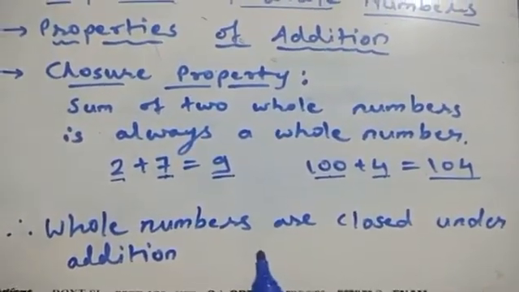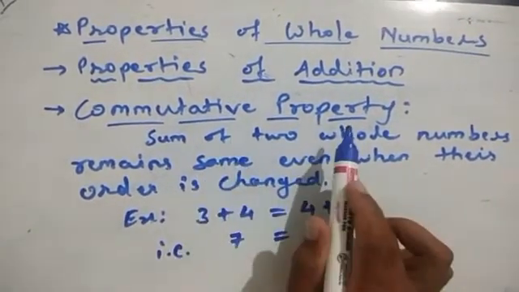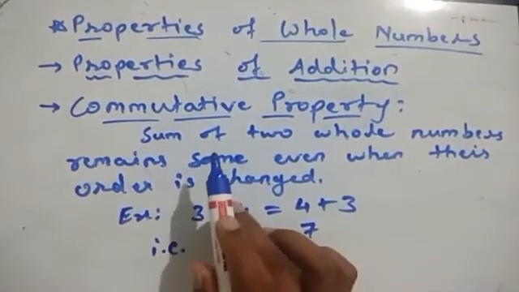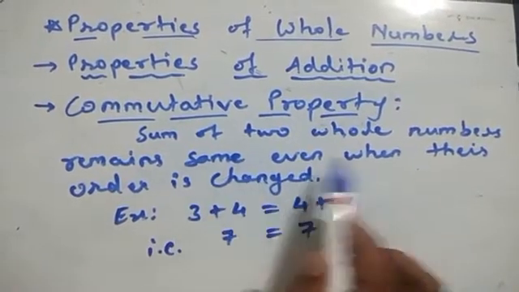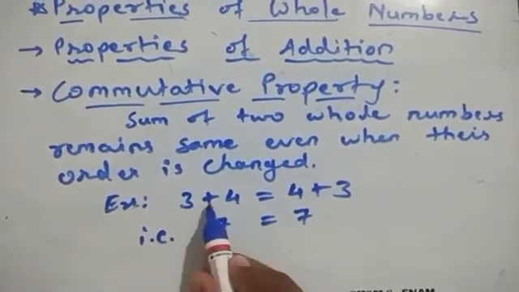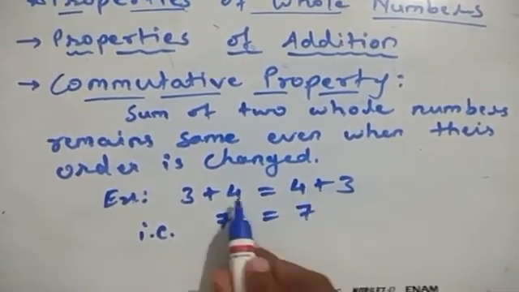Okay. So, students, next we are going to discuss the commutative property of addition. Now, what does this property say? The sum of two whole numbers remains the same even when their order is changed. See, here is one example: 3 plus 4, and here I also added 3 plus 4, but I changed their order.